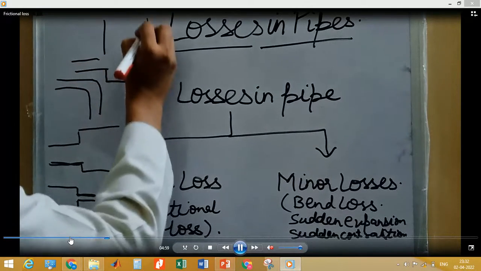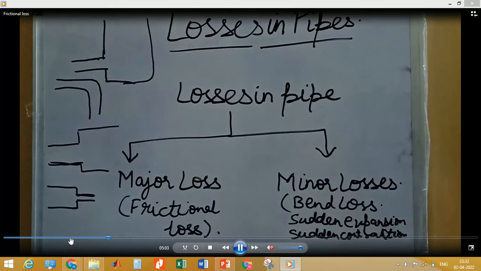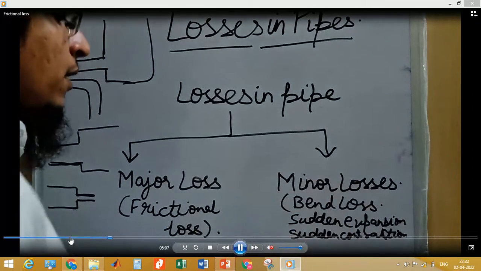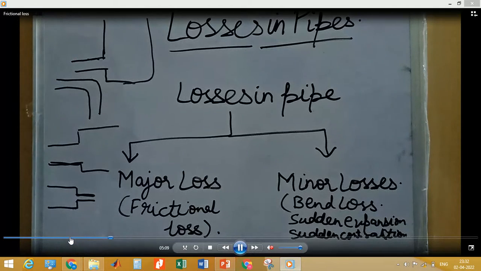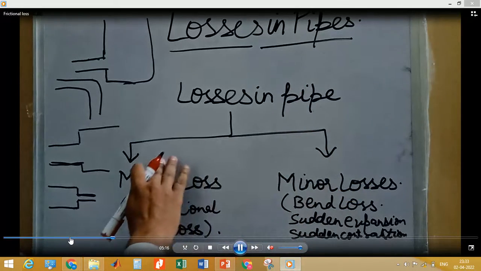Similarly, we have this type of loss, that is entrance loss. If we have a pipe entering a big tank or a river, then at the junction there will be a loss, and that is known as the entrance loss, and it is a special case of sudden expansion.